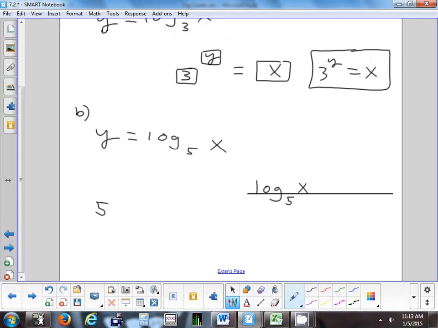Now we got to put an exponent on the 5. Okay, Yadira, what's my exponent? Log. Yeah, the logarithm always equals the exponent. And what's going to be by itself on the other side? The x. Argument goes by itself. And that's it. Any question on that? So that's how you change from log to exponential.